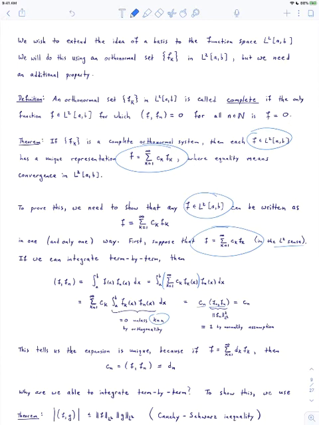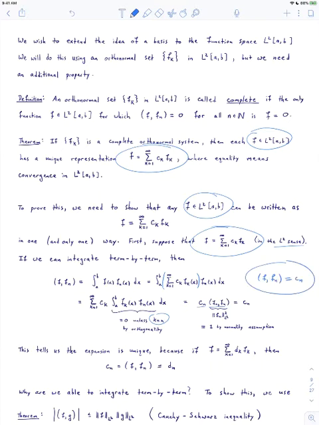But we're assuming that this set is orthonormal. That means the size of each one of these f sub k's is equal to 1. So that means that this is equal to 1 squared, which is just 1. So we have Cn times 1 is just Cn. So that means that if you integrate f with fn, you strip off the nth coefficient. So f comma fn is equal to cn.